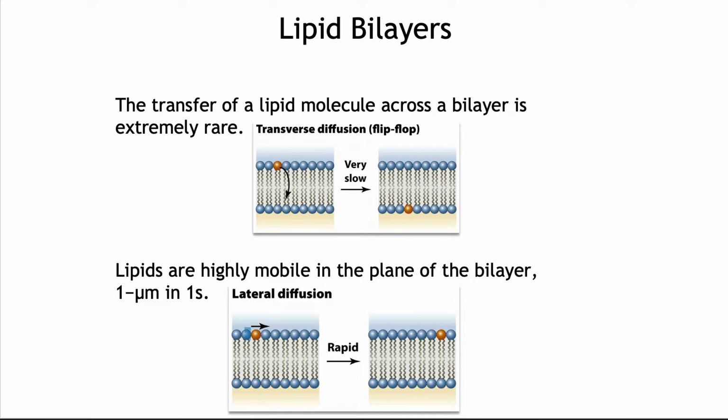But they could also move within the bilayer, and this orange head group and its associated lipid is moving from one position to another, and that is known as lateral diffusion, which tends to be quite rapid. We'll see later that it's limited by a number of different proteins that are embedded within the lipid bilayer. It could also be controlled by sterol molecules such as cholesterol that are embedded within the lipid bilayer.